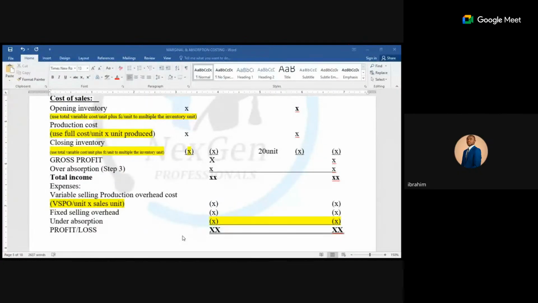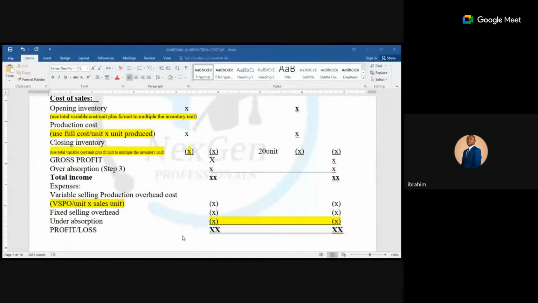Class, you incur this cost to it. Variable selling production overhead is an expense because it is on sales units. So variable selling production overhead times the sales units gives you your expenses. You may have fixed selling overhead. Then if you have under absorption, it is added to your expenses and deducted from your income, so you can then have either the profit or loss.